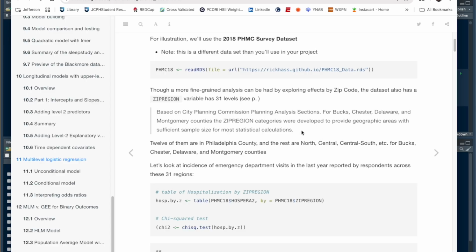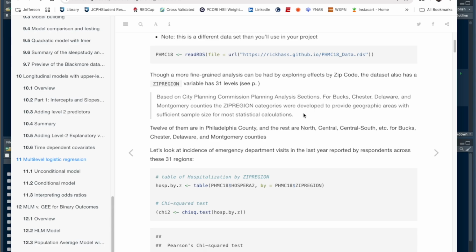A few adjacent zip codes were merged, and there's a greater number of people in each of the zip regions compared to zip codes. That's going to be important today because it makes the proportion of folks within each cluster having an outcome a little bit more stable.